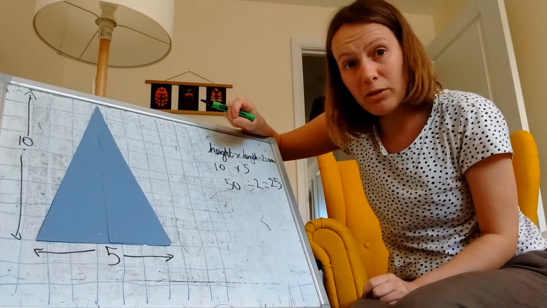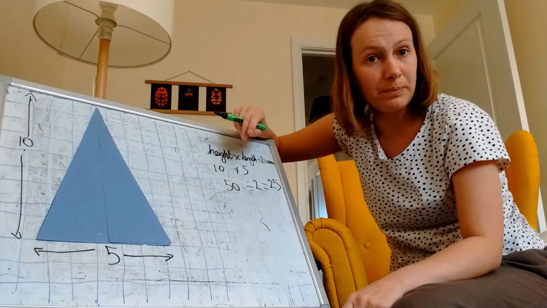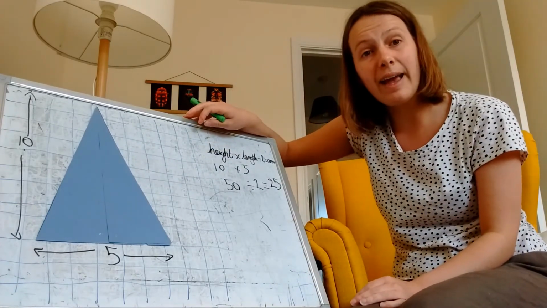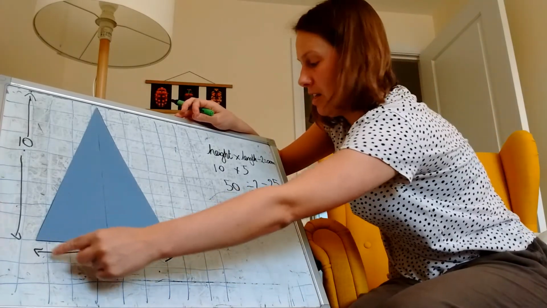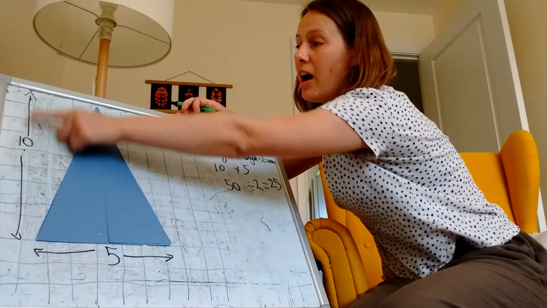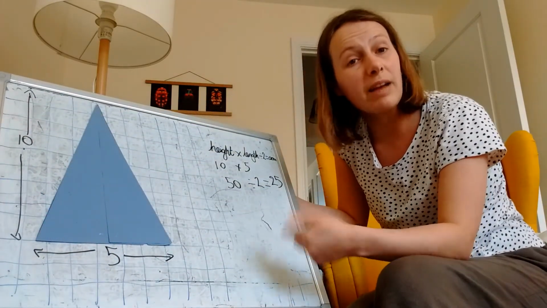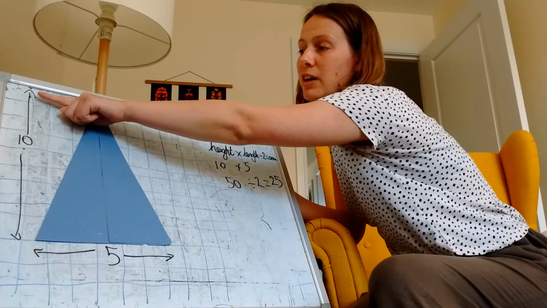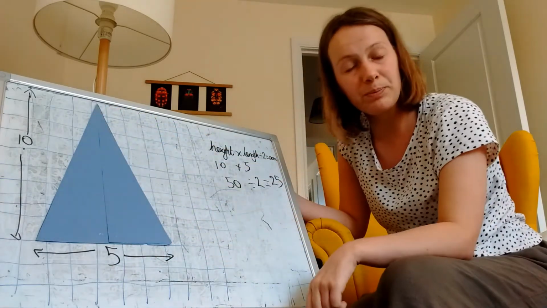If you were to take out a ruler and measure this side, you would get a different number. And you don't need to worry about that number because it doesn't help us figure out the area of a triangle. We need the length and the height. And the height would be the side of that rectangle. Remember when it's in the rectangle, you need the length of the side of the rectangle, not this measurement or this measurement.